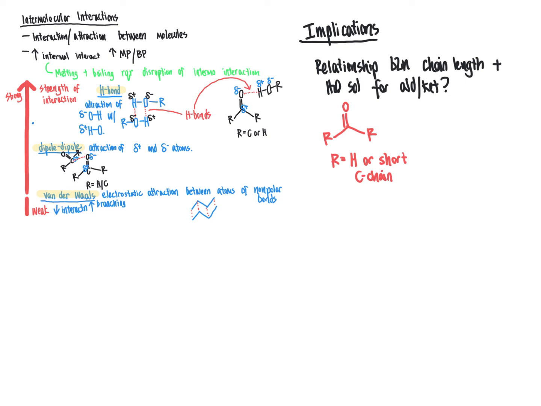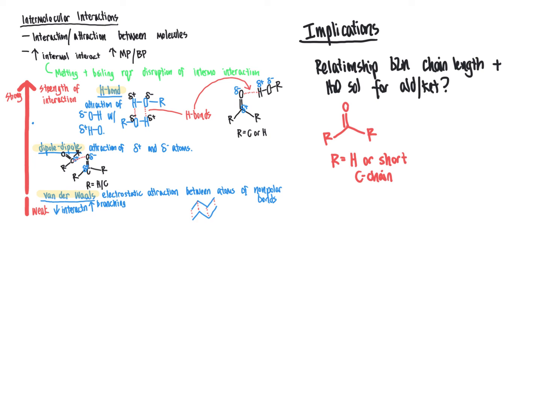And so if we have a very short alkyl chain here or here on our aldehyde or ketone molecule, then the predominant interaction that's going to be able to occur will be a hydrogen bond between the oxygen atom here and the OH group of water. And so that's going to increase the water solubility because it's going to increase the likeness between the two structures, between the aldehyde or ketone and water.